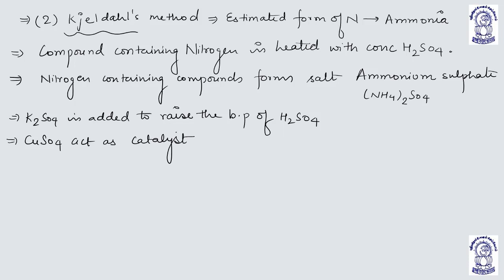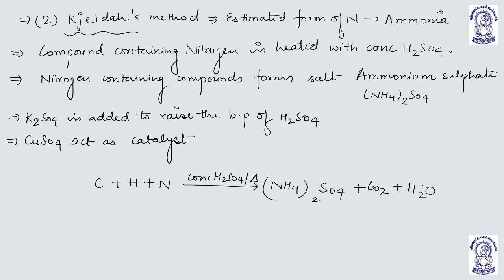So carbon plus hydrogen plus nitrogen, they are the components of organic compounds, and when heated, it forms ammonium sulfate, with the liberation of CO2 and water.